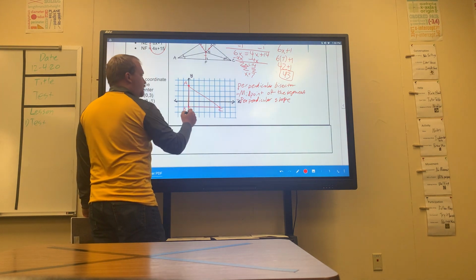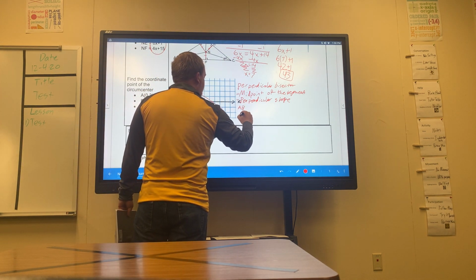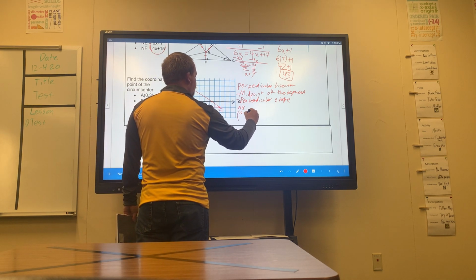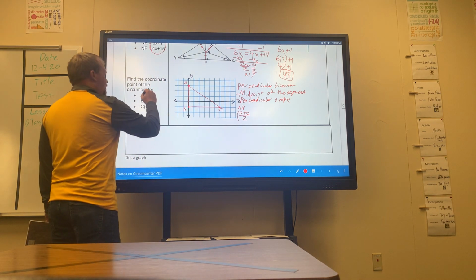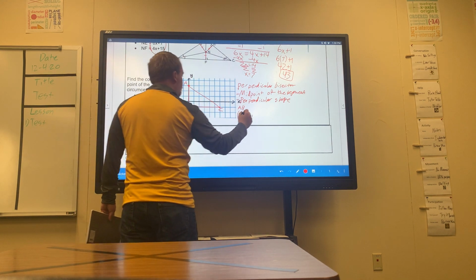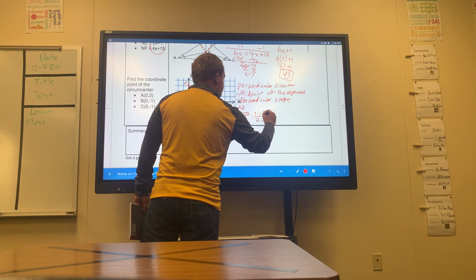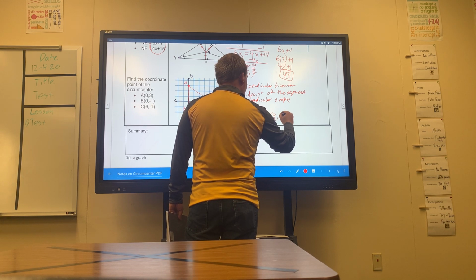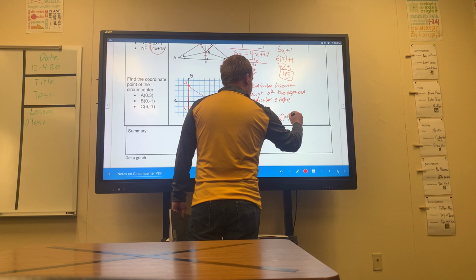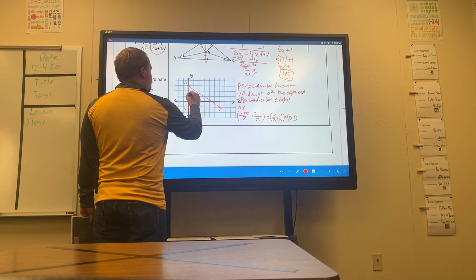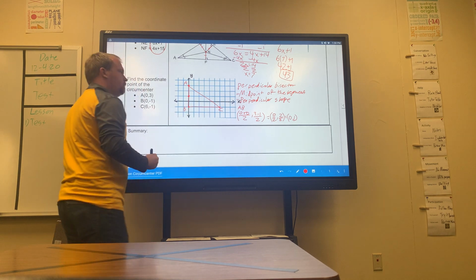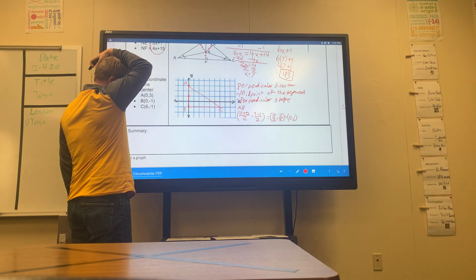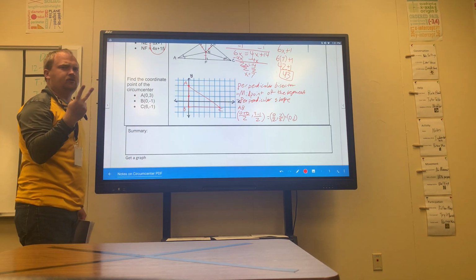So I got to find the midpoint between A and B. So that means I'm doing 0 plus 0 over 2, because those are my x values, comma, 3 minus 1 over 2. That gives me 0 over 2, 2 over 2, 0, 1. So 0, 1 is my midpoint between A and B. So I do want to find the midpoint of each segment. But again, I can just focus on 2.